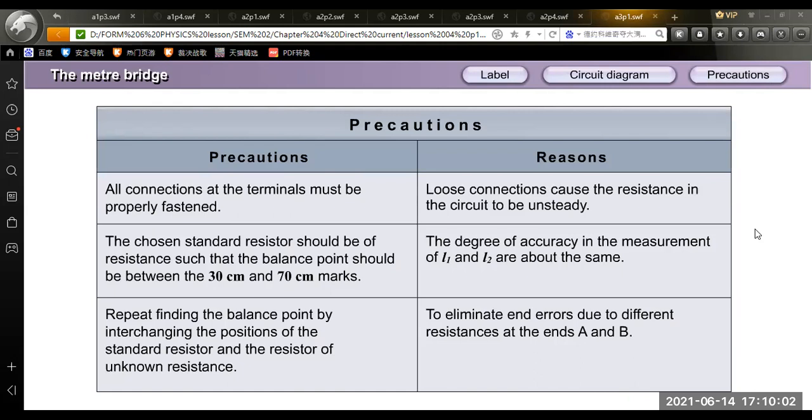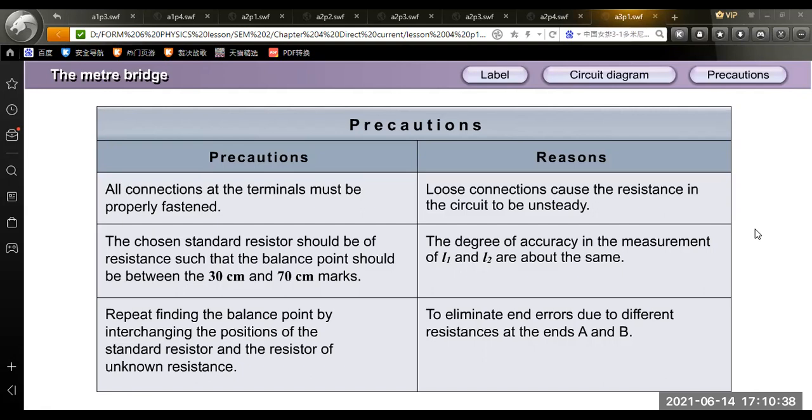If the connection is loose, the contact cross-sectional area is reduced. The reason: a loose connection causes the resistance in the circuit to be unsteady, sometimes higher, sometimes lower. Once connected well, it is connected with low resistance. With a loose connection, the resistance increases suddenly.